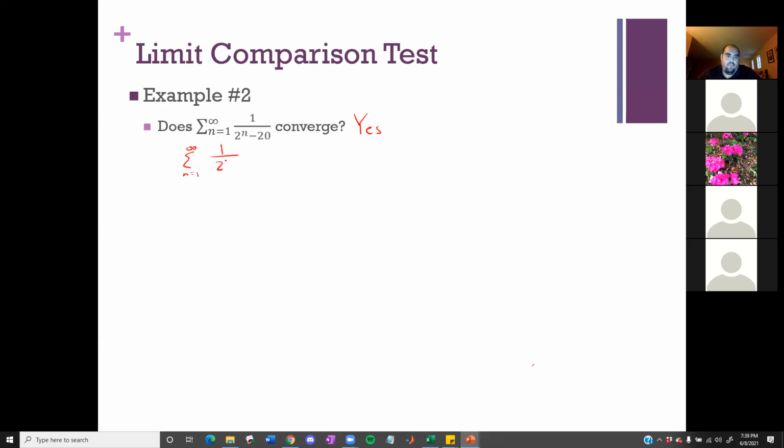I think you meant 1 over 2 to the n, but yes, that's a good thing to compare it to. If I compare this with 1 over 2 to the n, I know this converges by the geometric series test, with common ratio equal to 1/2. So can I use the direct comparison test to help me in this case?